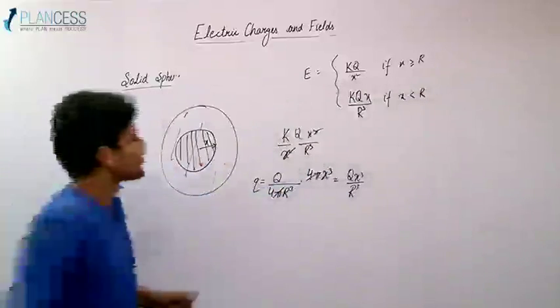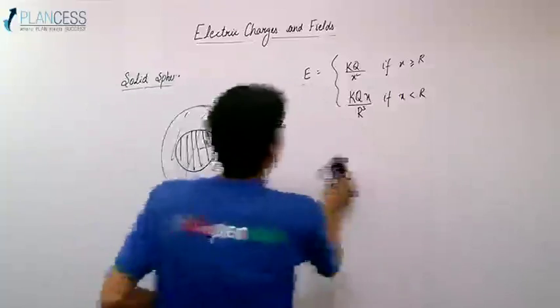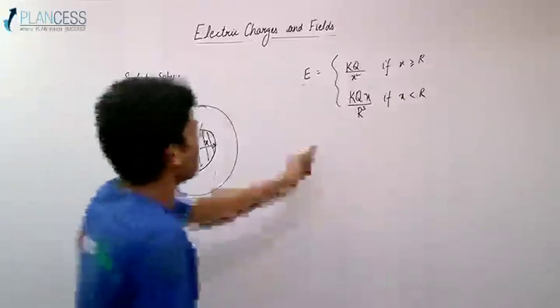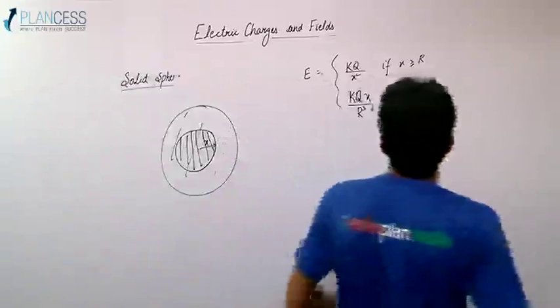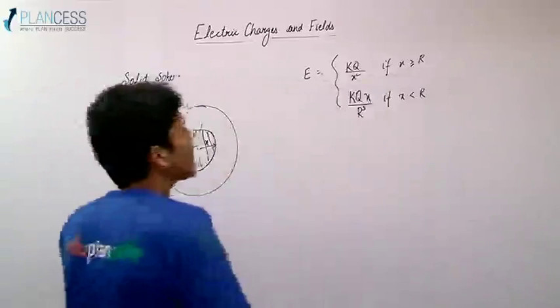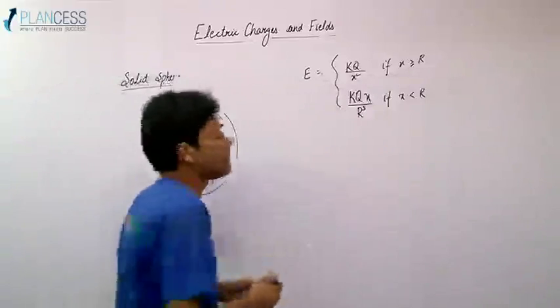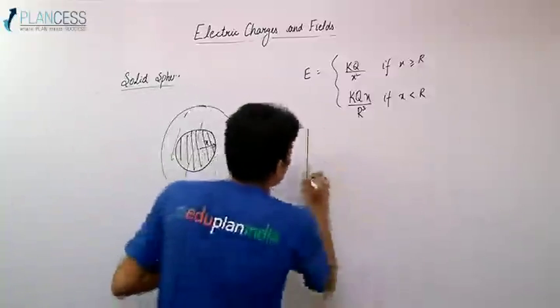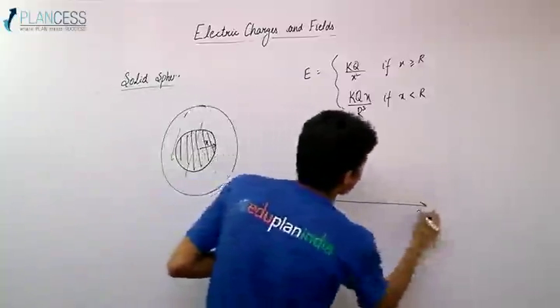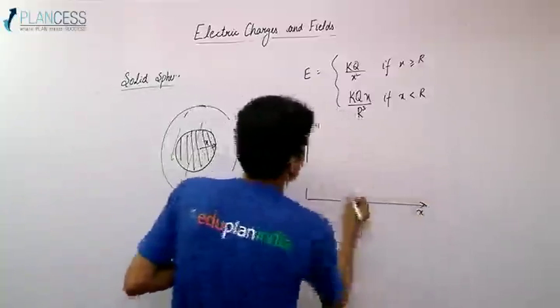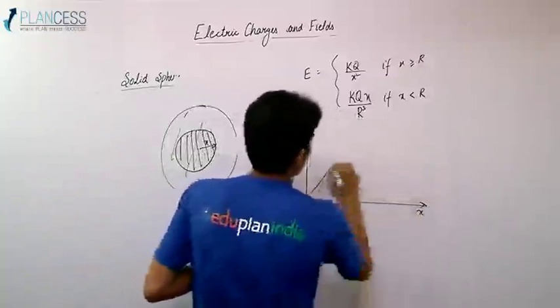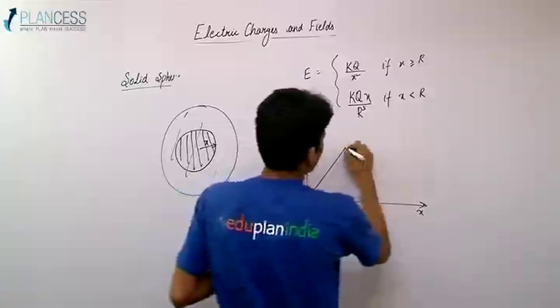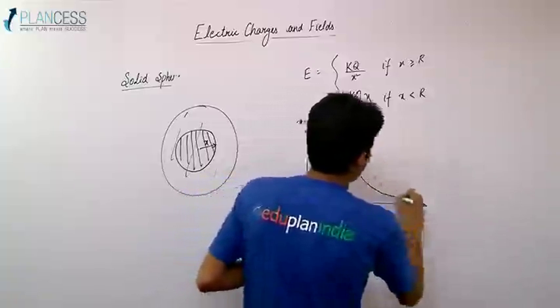So you can see that for a solid sphere, kq upon x square is the formula if x is greater than or equal to r, and kqx upon r cube if x is less than r. If I draw the graph of this electric field with respect to the distance x, till the distance r it would come out to be a straight line, and after that it would come out like this.